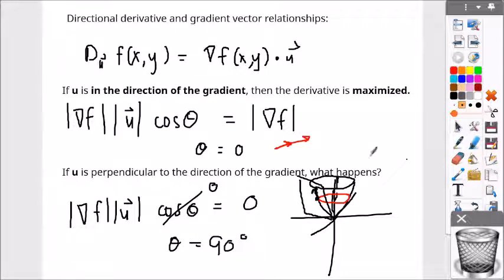The direction of fastest increase is like up here. But then the directions where they don't move at all, the directions perpendicular to the gradient vector, you can see that on the tangent plane they also don't move at all. This is a bad drawing. I can draw better on a bigger screen. If you guys want me to do that, put it in the comments.